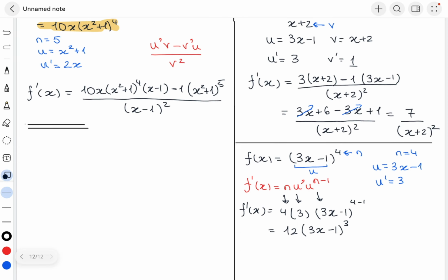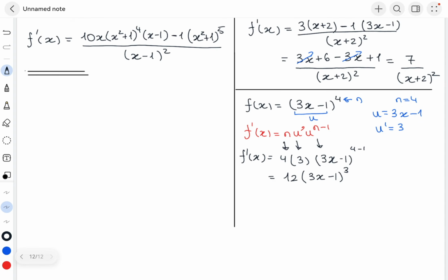Let's do another example. Let's say we had f of x is x minus 1 over x plus 2, all to the power of 3. Here we'll need to start with the chain rule and then do the quotient rule.